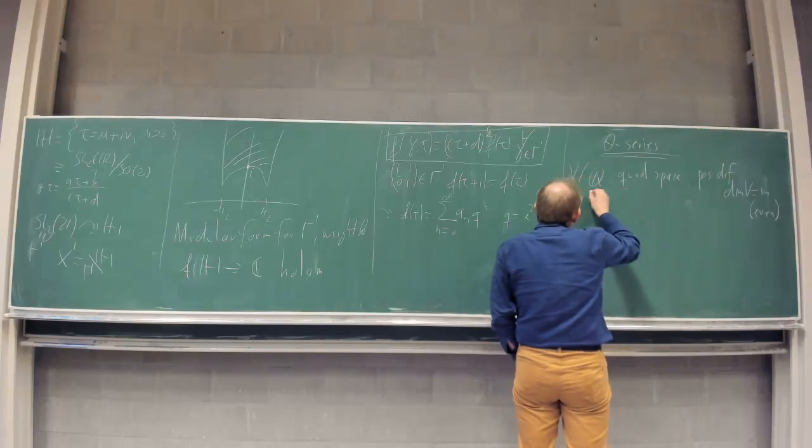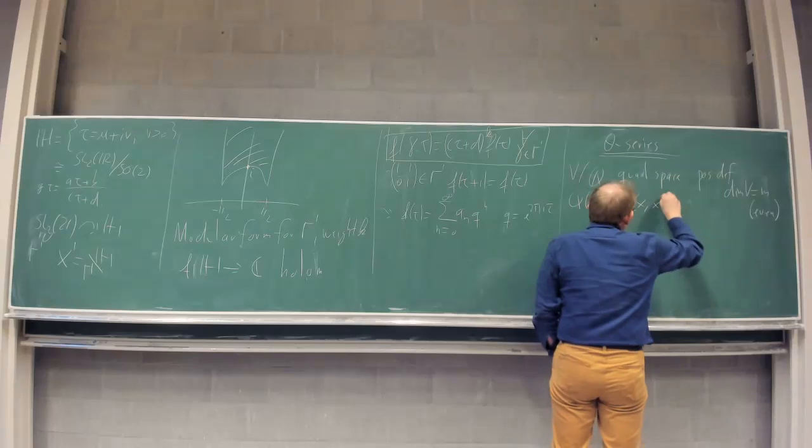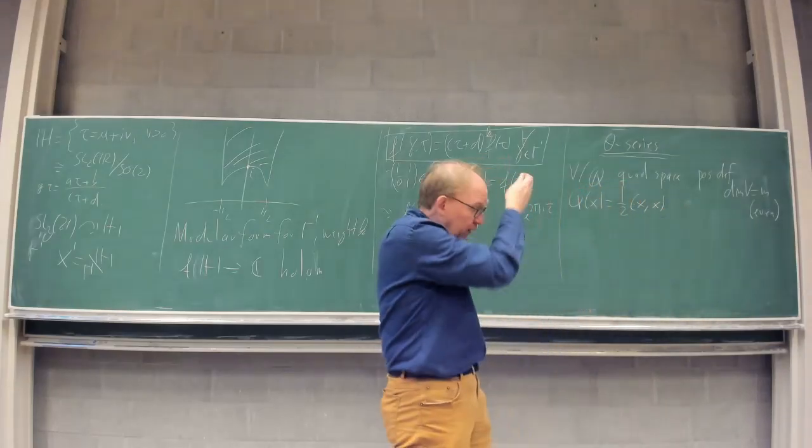But that's fine. It's not important. So I have my quadratic space, I have my bilinear form, which is 1/2 of the quadratic form.